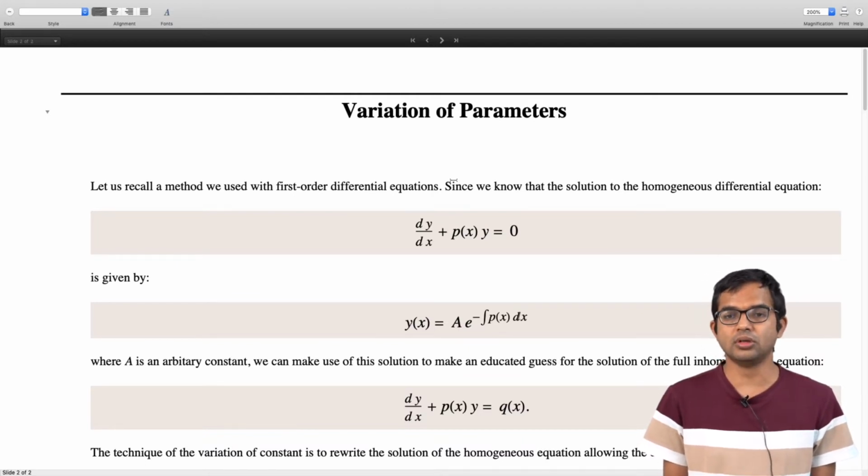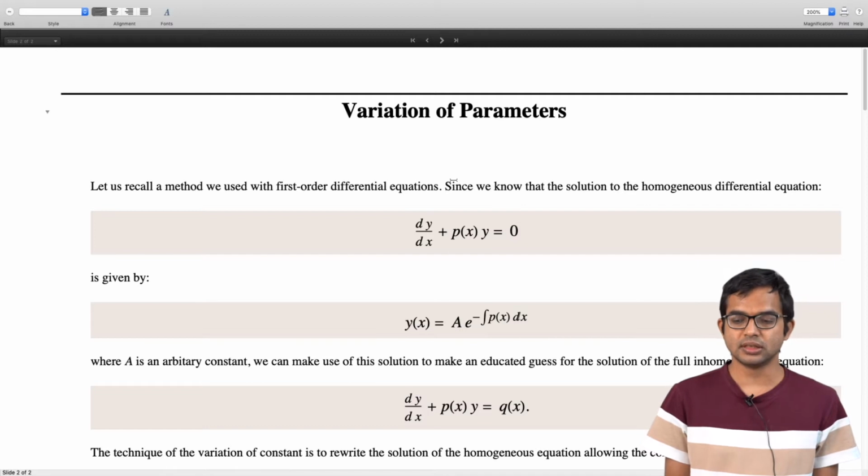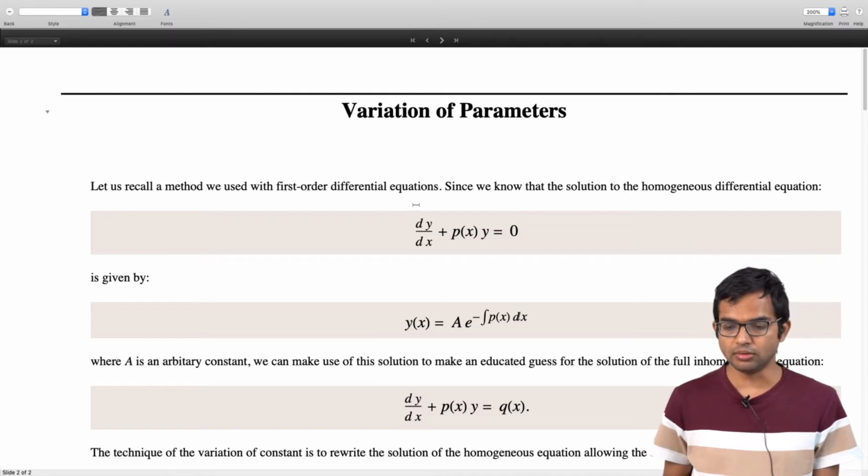No matter how complicated p of x is, you will be able to at least formally write down this answer: y of x is equal to a times e to the minus integral p of x dx, right? It may or may not be possible to evaluate this integral in closed form, but this solution is always something you can write down formally.